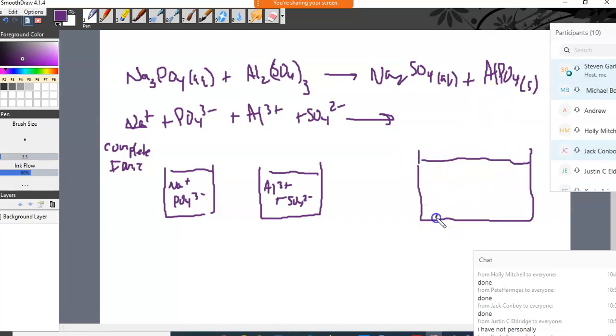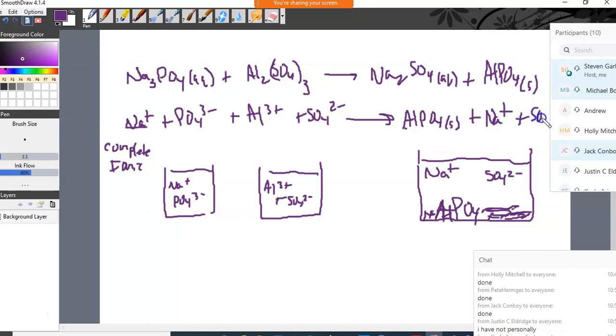The aluminum phosphate is the solid at the bottom. I'm going to put X's here to show it formed a solid. Still ionized in the solution are the sodium ions and the sulfate ions. Those are still soluble in the water, but the aluminum phosphate is not. That is a solid. So in the complete ionic equation you show the solid aluminum phosphate all together, but the sodium sulfate is still in the ionic form.